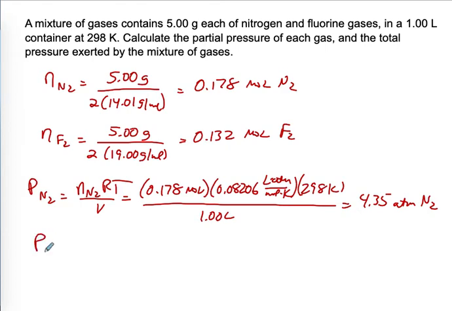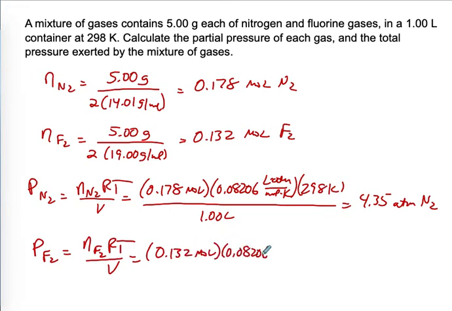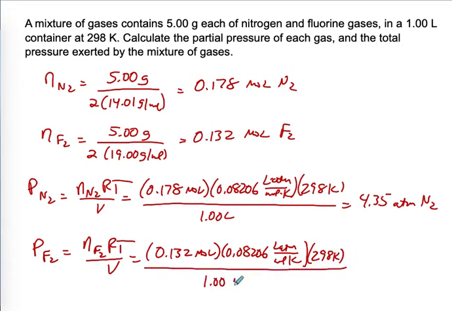I can do the same thing for fluorine. The partial pressure of fluorine will be the moles of fluorine I calculated times RT over V, 0.132 moles, times the gas constant, times the temperature, all divided by the volume, to give me 3.23 atmospheres of fluorine.